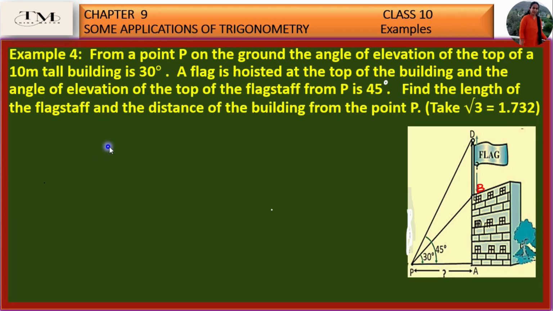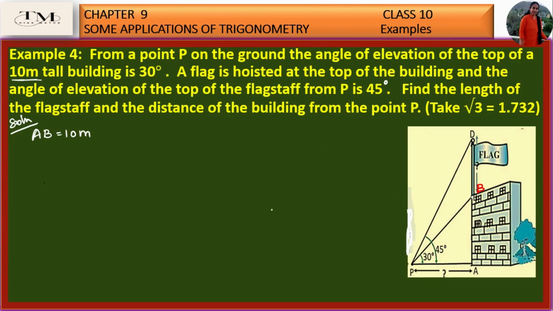Now let us write what are all given. Let me start the solution. So from a point P on the ground, the angle of elevation of the top of a 10 meter building. Building is AB, so AB is equal to 10 meter. So angle of elevation is 30 degree.